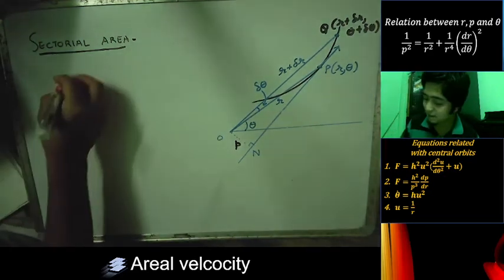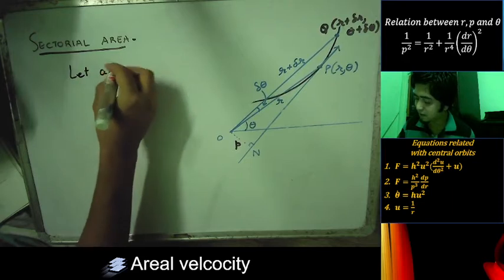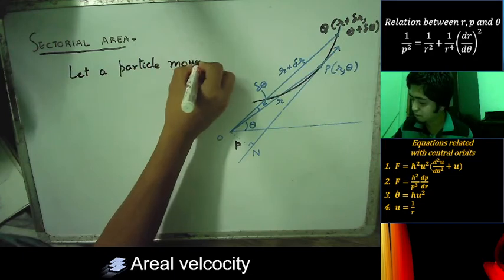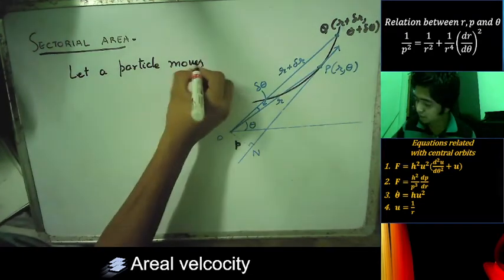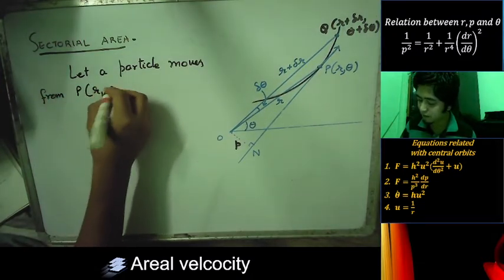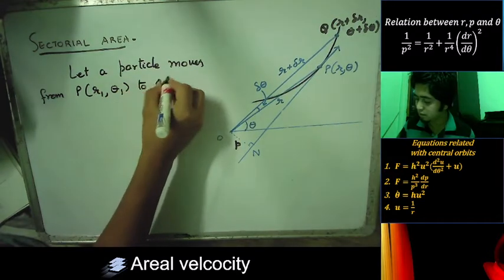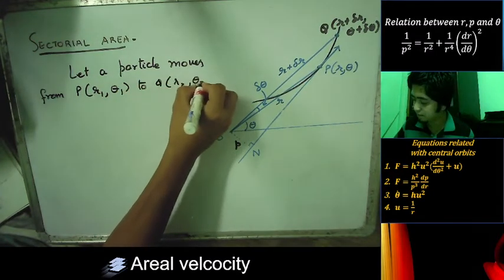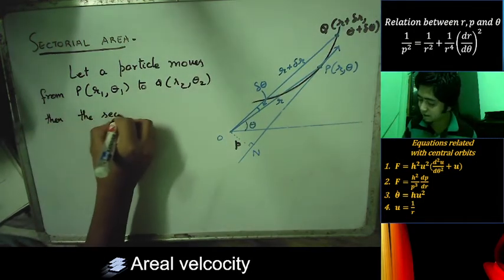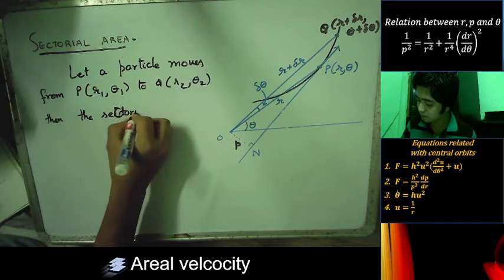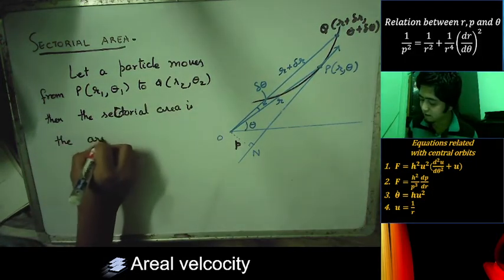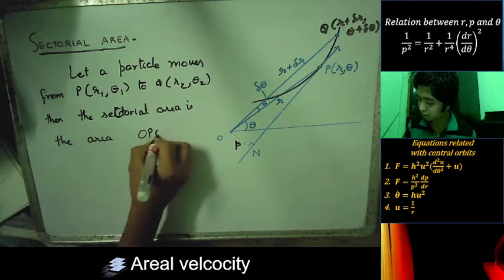Okay, so let me just describe it. Let a particle move from P (r1, theta 1) to Q (r2, theta 2). Then the sectorial area is the area OPQ.